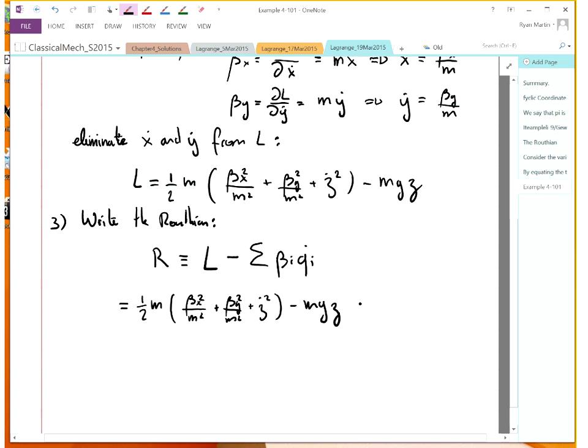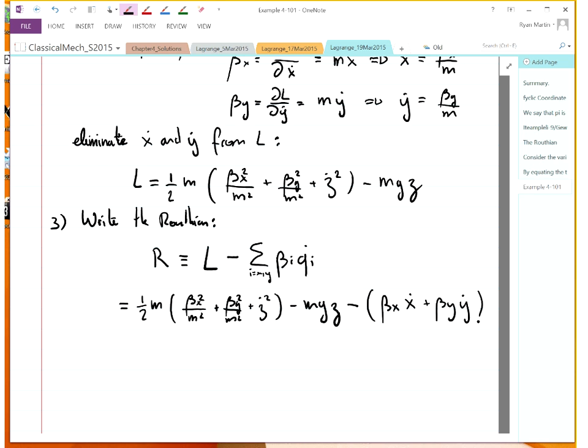So the sum of beta i q i dot. This i is going to take two values, right? i is going to be x or y. So the first one, let's say it's x, so that's beta x times x dot, plus beta y times y dot. Okay, so that's the Routhian.